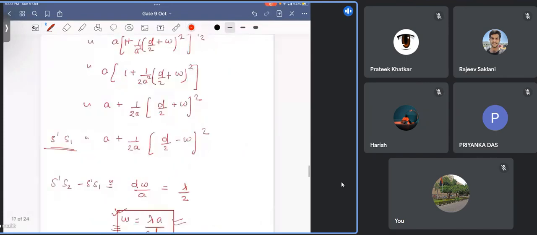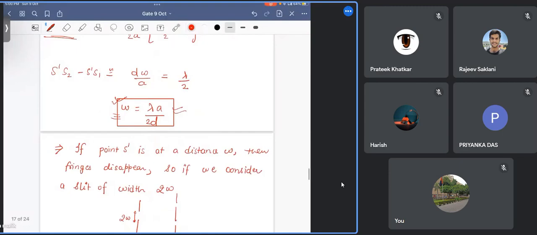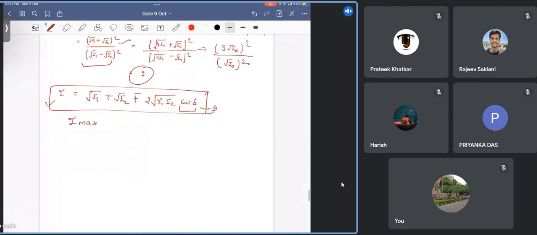This is the expression for the intensity I when you have two waves. The condition depends on this cosine function, whenever you have d cos theta equals n lambda.